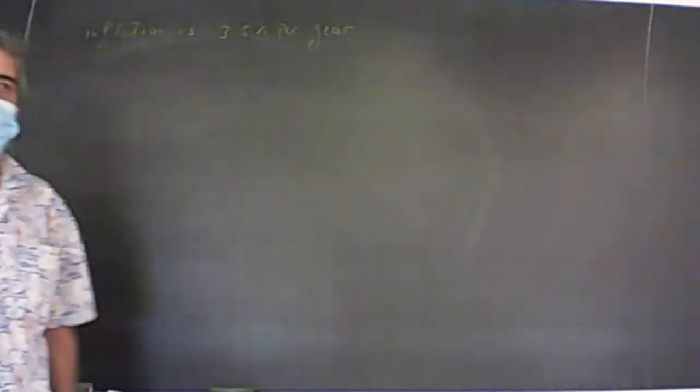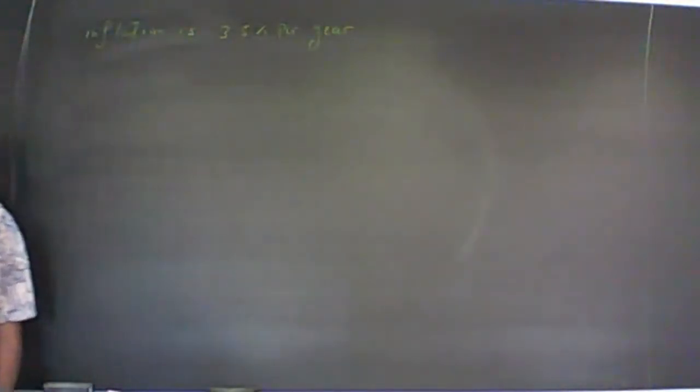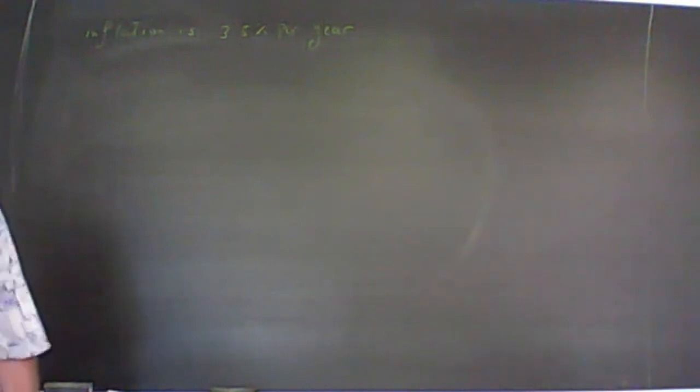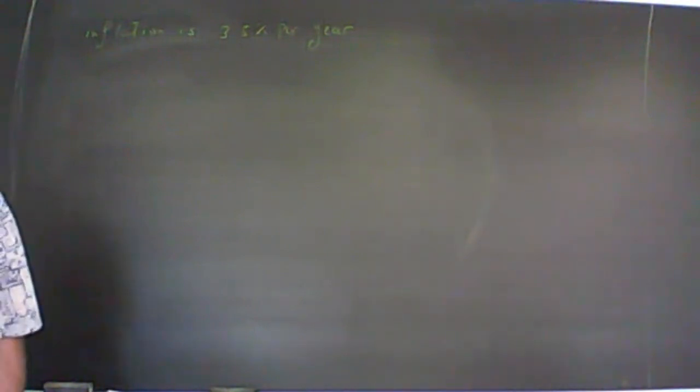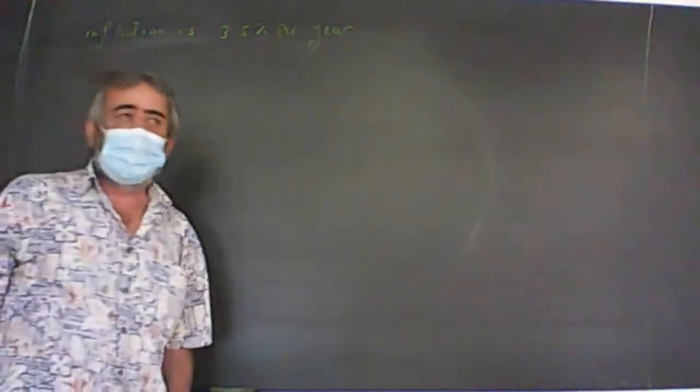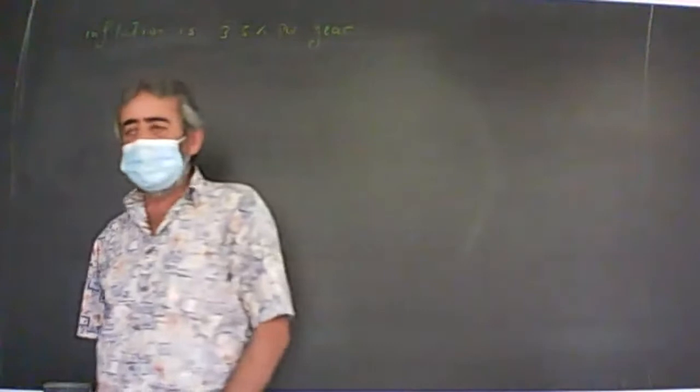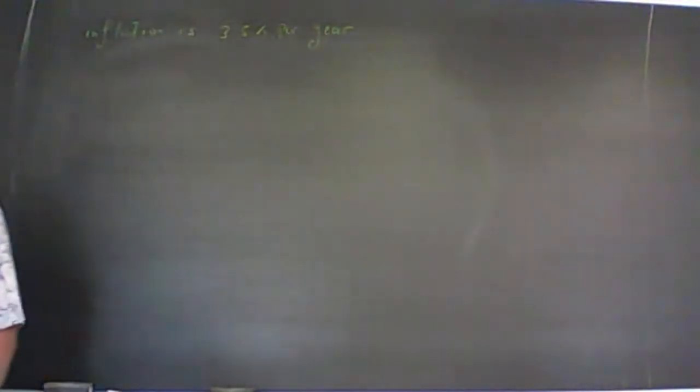So we have things that increase at a rate of 3.5% per year. Another way to say it, prices of things don't stay the same. Every year prices change. Most likely they go up. Things go up in price, and we call that inflation.